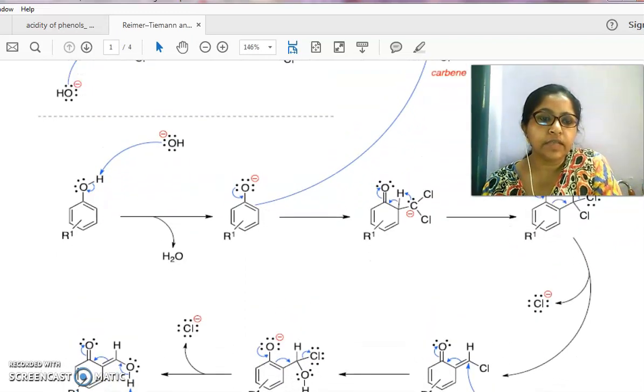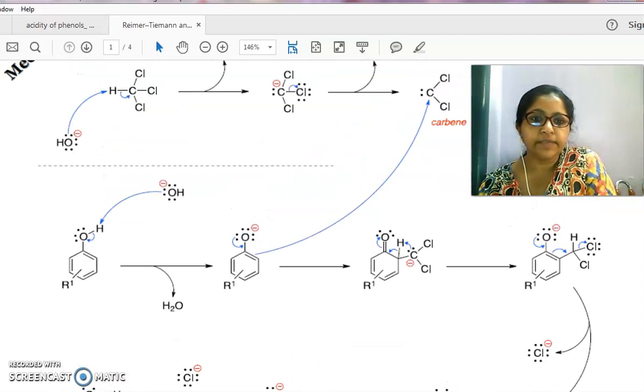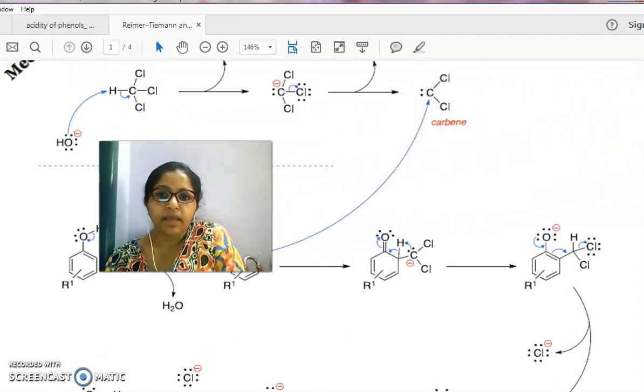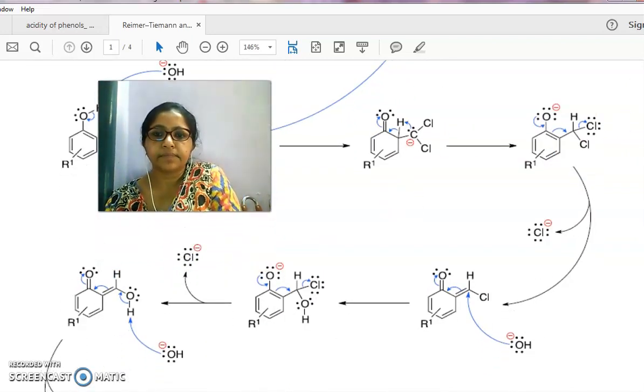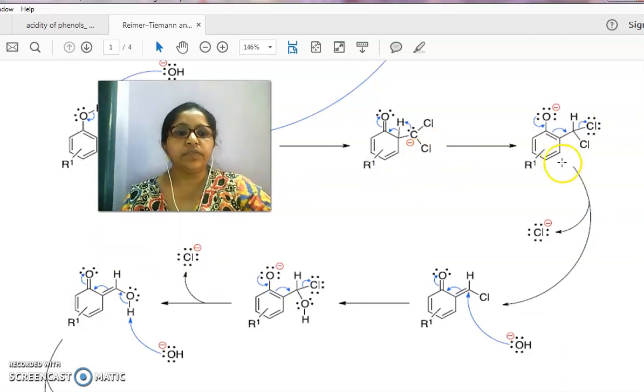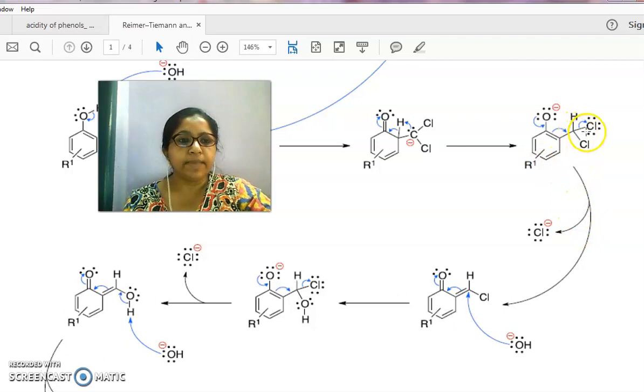This will happen in two of the following steps. Step by step both of the Cl will leave as Cl minus, and we will get the aldehyde group.